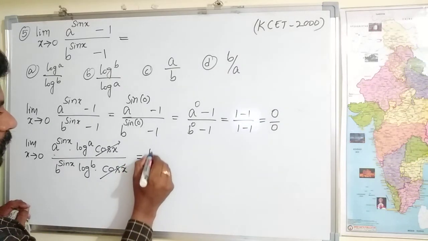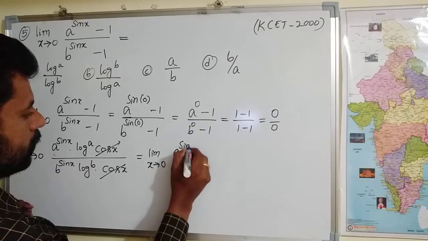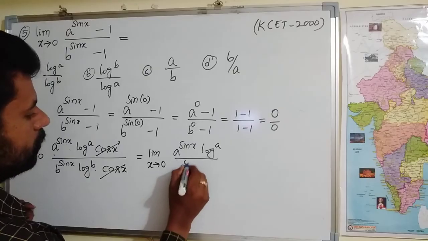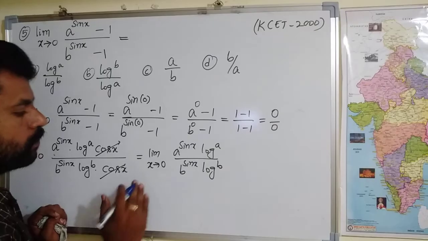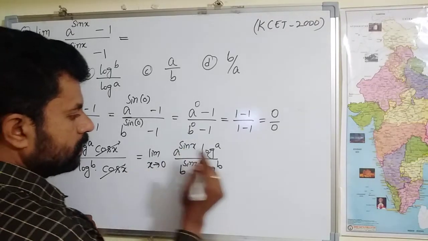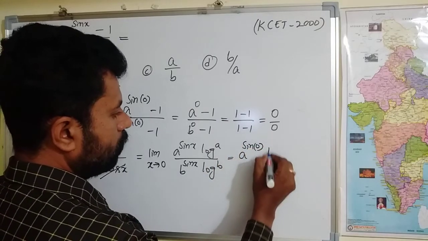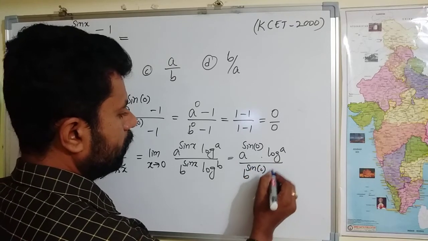Otherwise I write one more step, limit x tends to 0, a to the power sin x log a divided by b to the power sin x log b. See here x approaches 0, so substitute 0 in place of x, we get a to the power sin of 0 into log a divided by b to the power sin of 0 into log b.